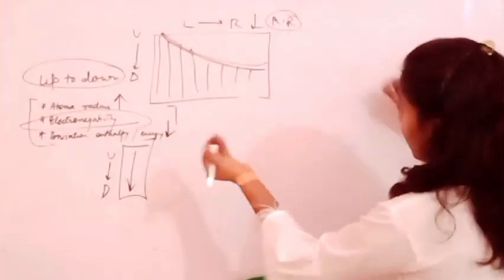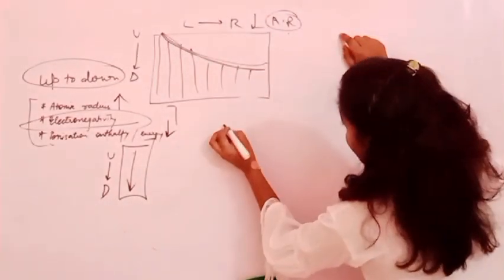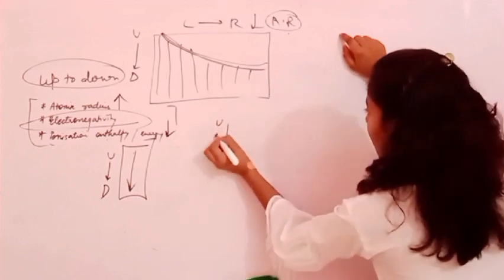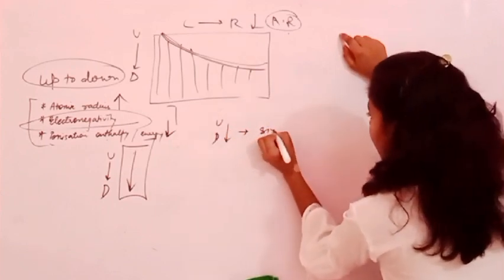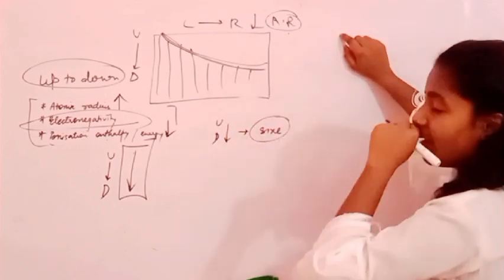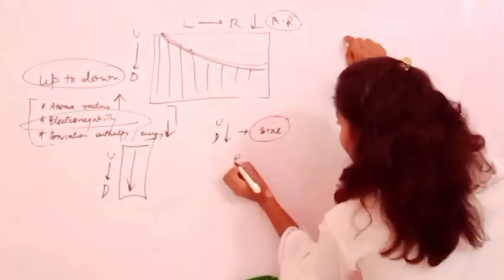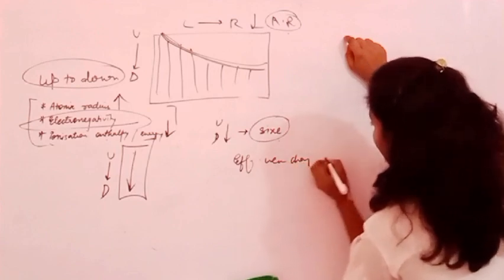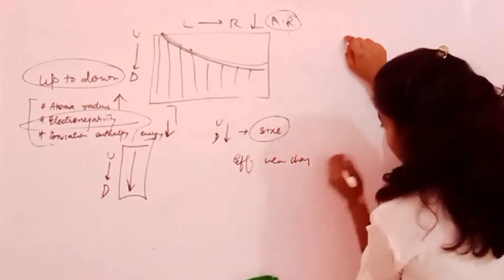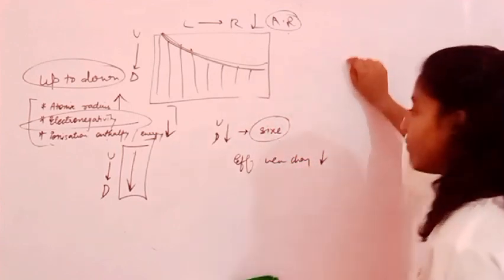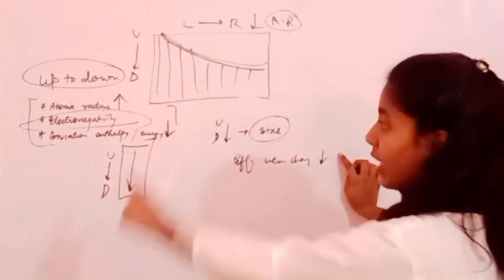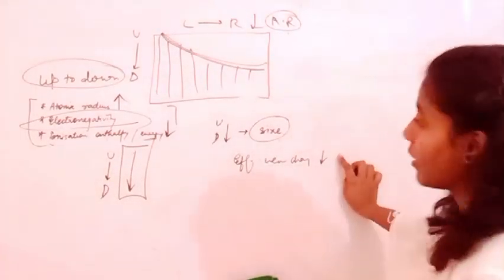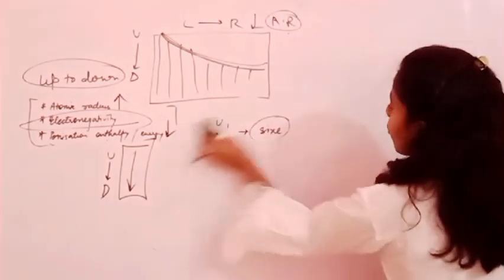So the reason behind how is, see, ऊपर से नीचे जाने पर you came across की size increases, and if the size increases your effective nuclear charge decreases, and if the effective nuclear charge decreases your electronegativity decreases. See, what is effective nuclear charge?